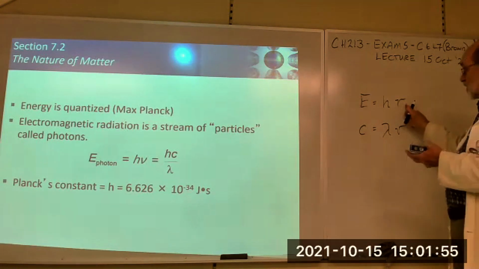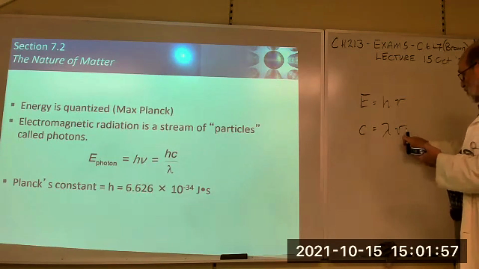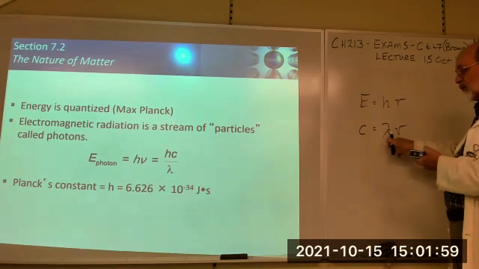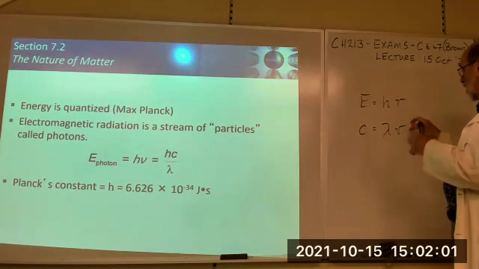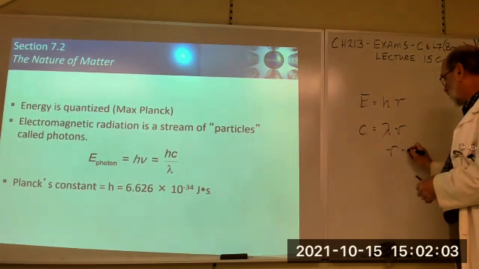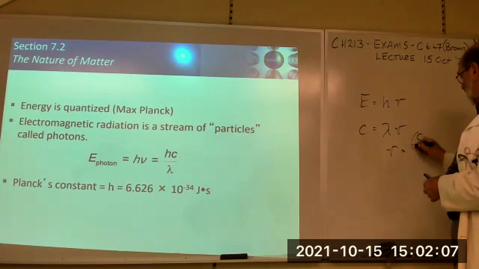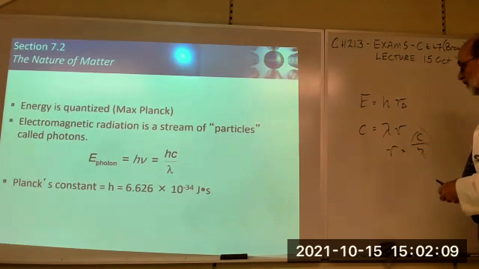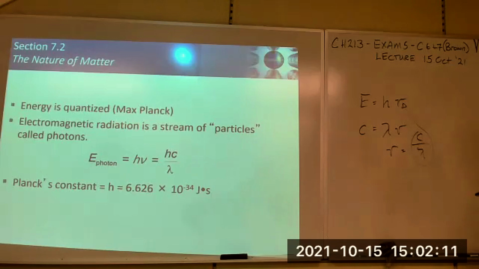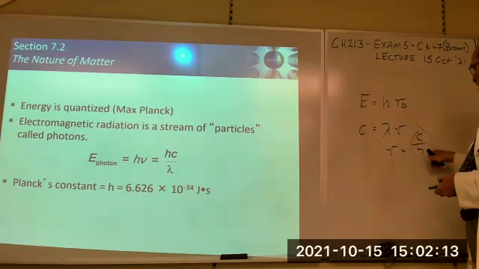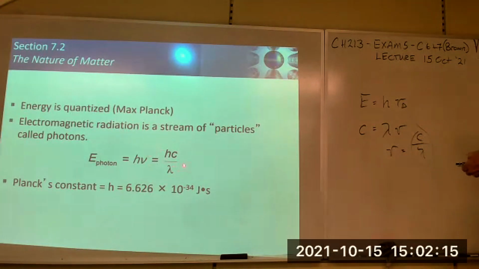If you don't know the frequency, then you can plug it in this formula and find out what the wavelength is, or we can combine it. We can say the frequency is equal to c divided by lambda, and then plug this in here. H, speed of light divided by lambda, and that's what this is.